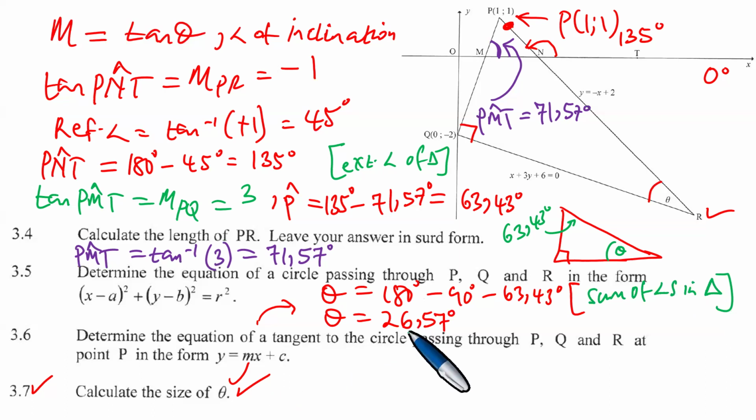The angle theta is actually 26,57 degrees. This is what the examiner asked us to do, and we state up front that the angle theta, Miss Examiner, is actually 26,57 degrees.